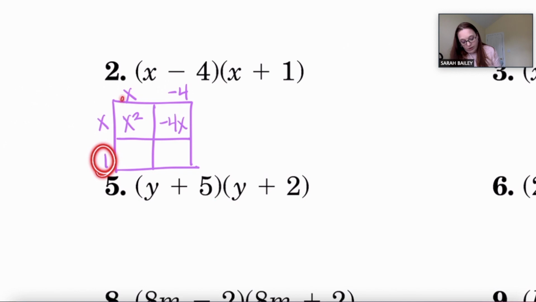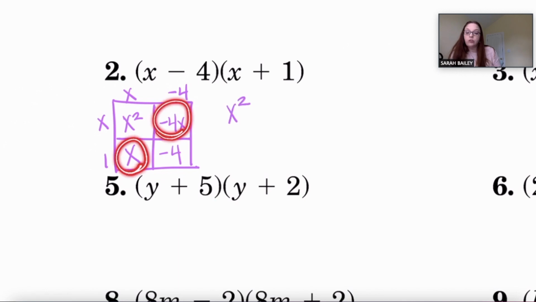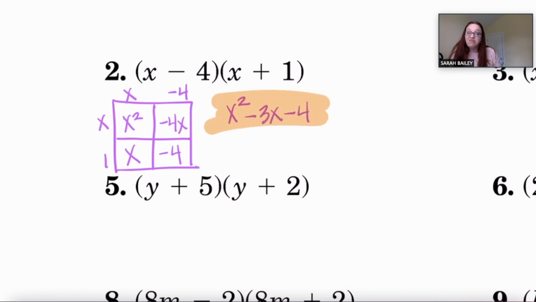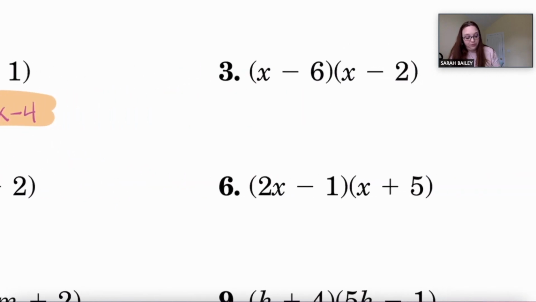Then 1 times x, which would be 1x, or just x, and then 1 times negative 4, which is negative 4. Now you can combine your like terms. You're only looking at these four pieces. So I've got an x squared term, and then negative 4x plus x would be negative 3x, and then the minus 4. That's it.